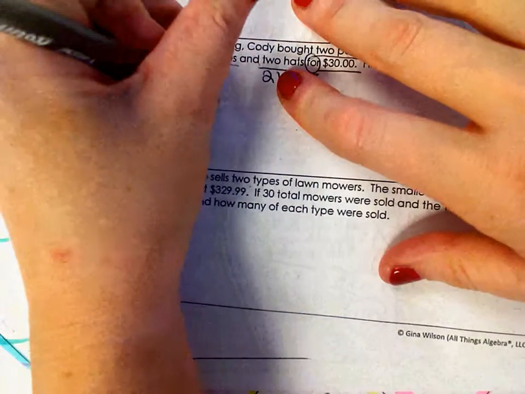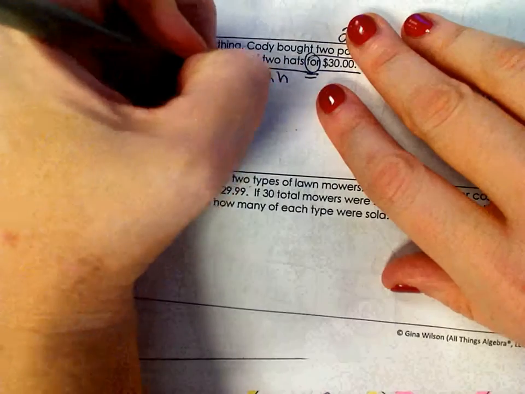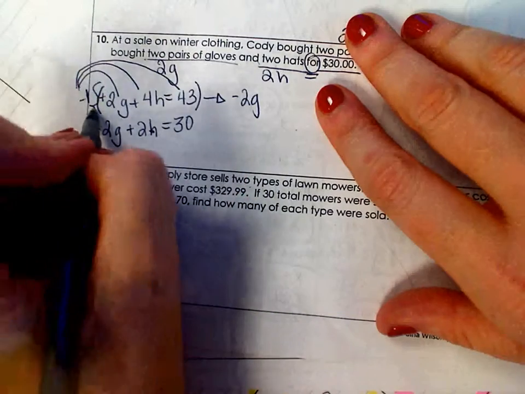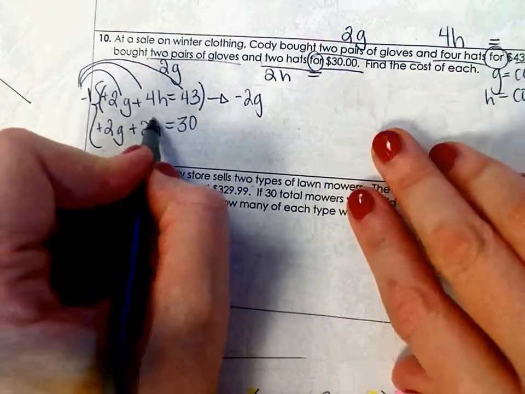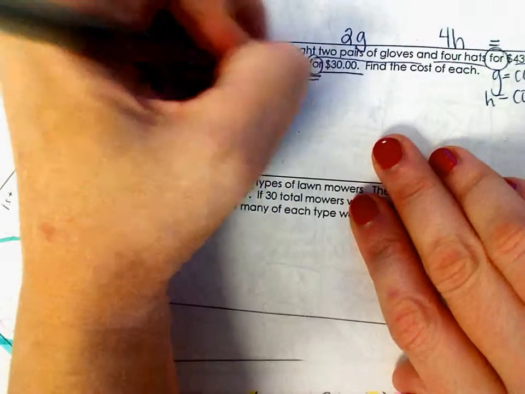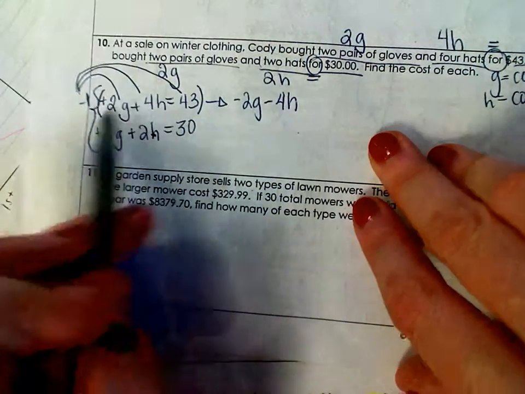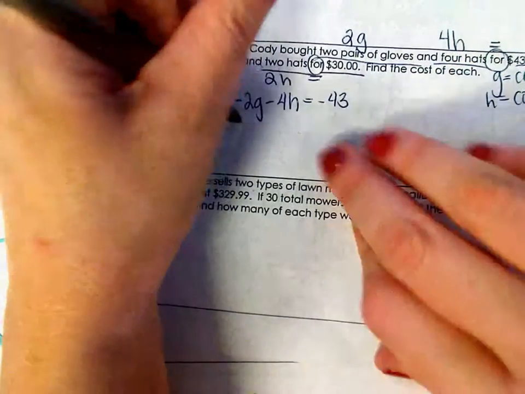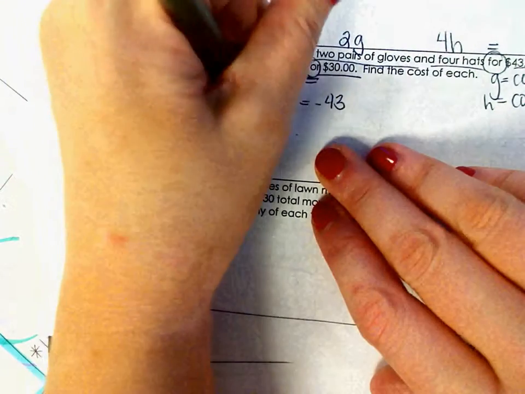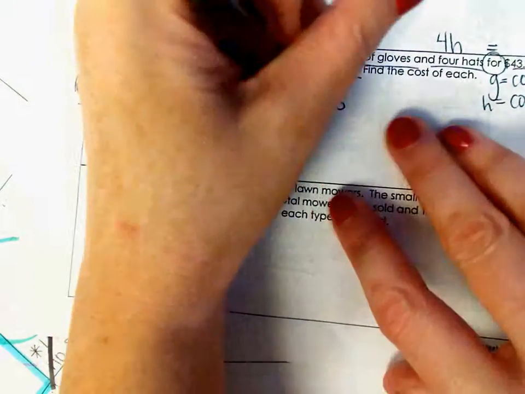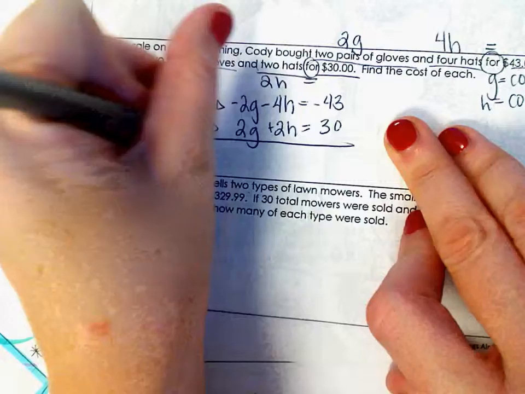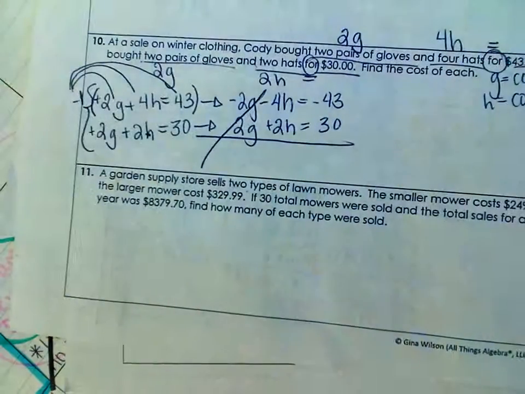So multiply negative 2G, negative 1 times positive 4H is negative 4H, and then negative 1 times 43 is negative 43. Rewrite the bottom one. And eliminate the G's.